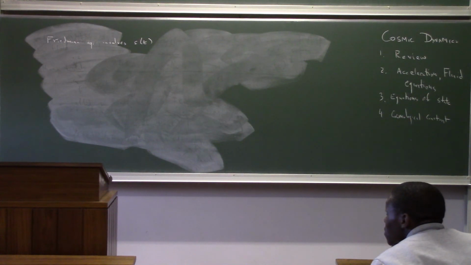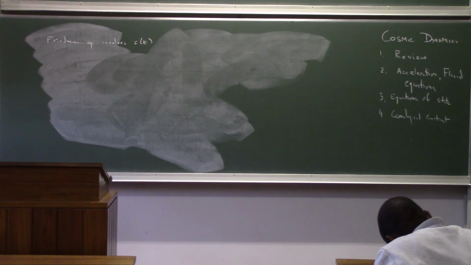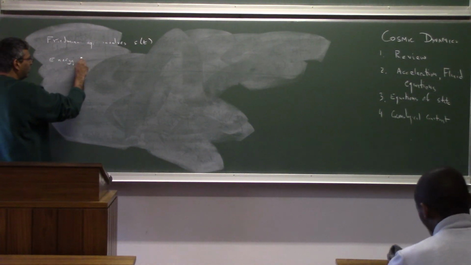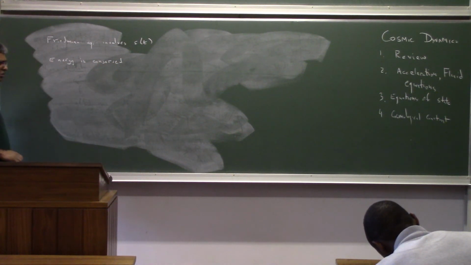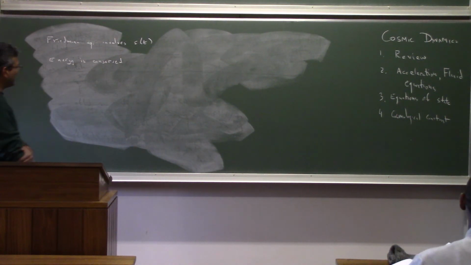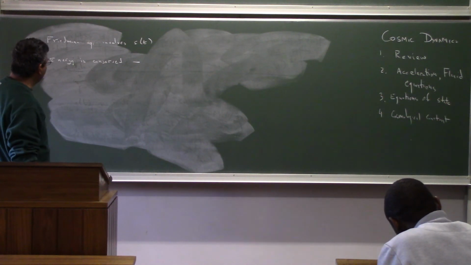Suppose you solve a problem in first year of physics. So it's conserved, in a sense. And when I say in a sense, I'm referring to the tutorial problem that I'll give you soon. Okay, so the energy is conserved.